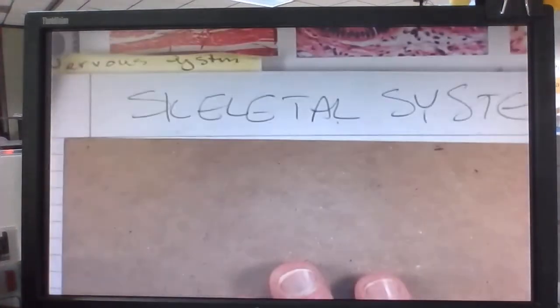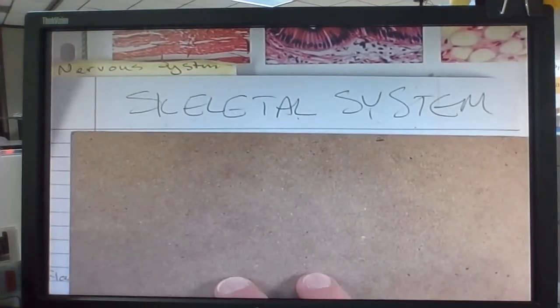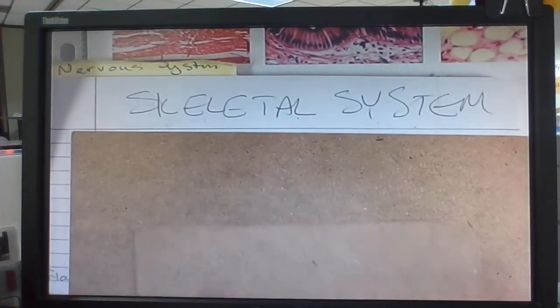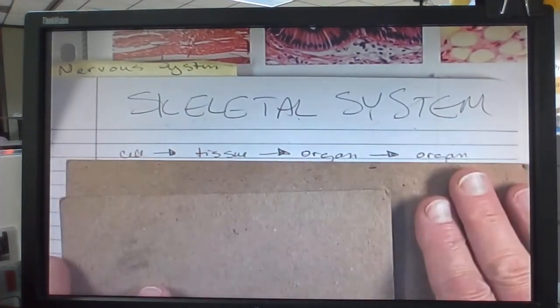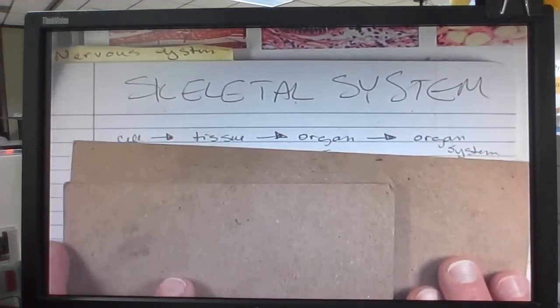Okay, these are notes on our skeletal system. We talked about levels of organization yesterday. Organ system.